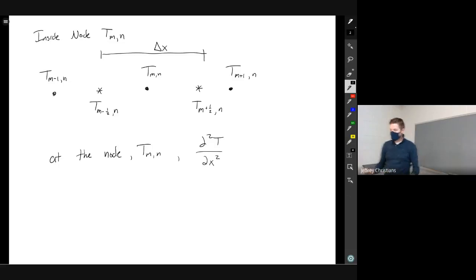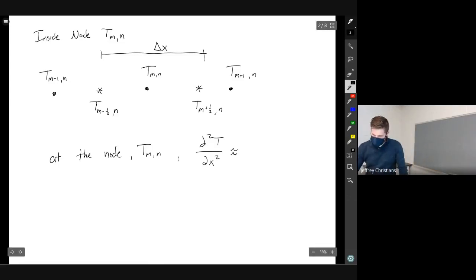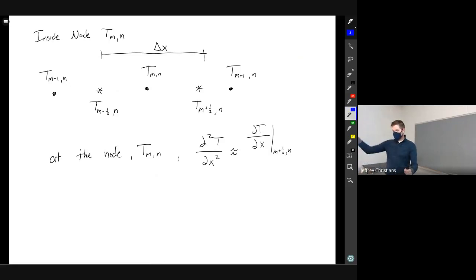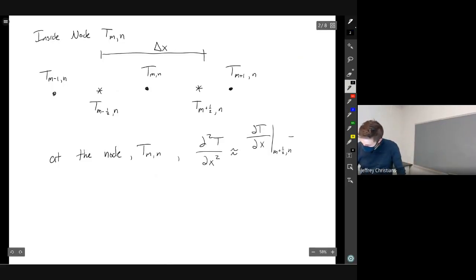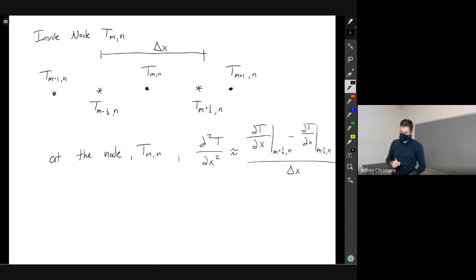The second derivative is approximately equal to the slope evaluated at m plus 1/2, n, so the slope at the right-hand side minus the slope at the left-hand side, minus dT dx at m minus 1/2, n, all over delta x.